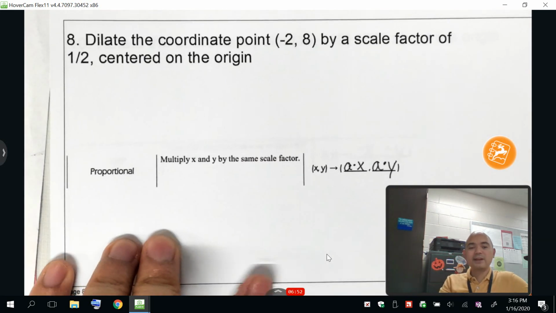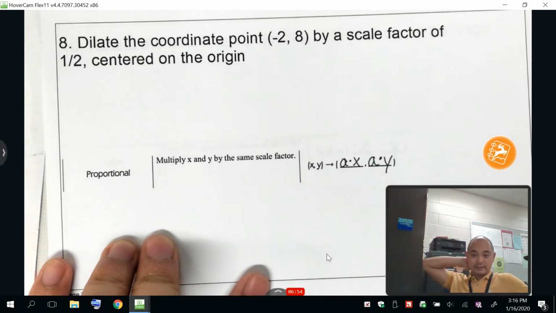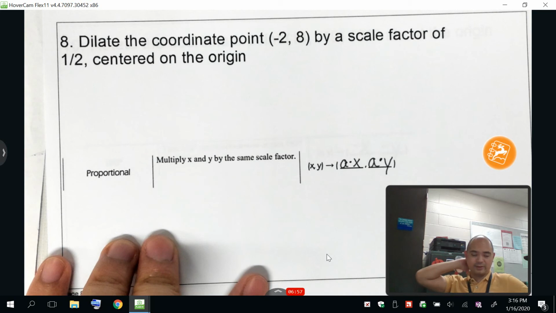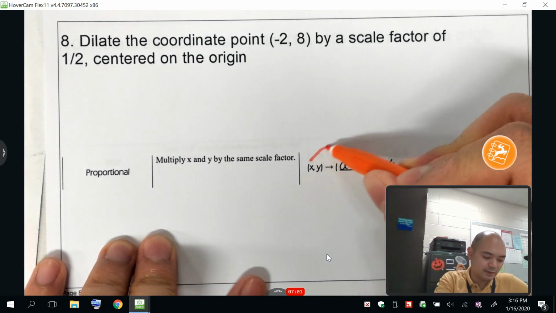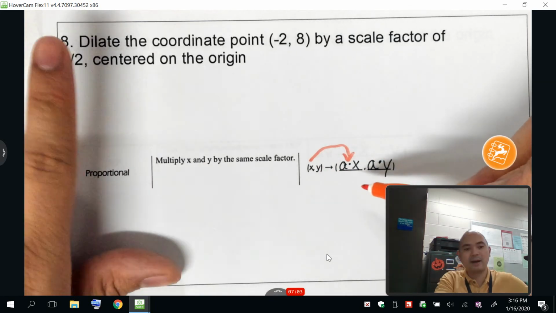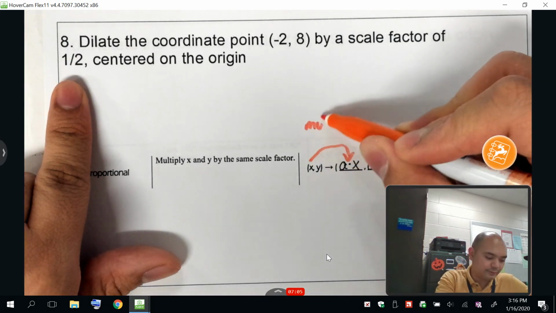Alright, number 8, dilate the coordinate point (-2, 8) by a scale factor of 1/2 centered on the origin. So according to my rule, you multiply. So x going here, you multiply by 1/2.